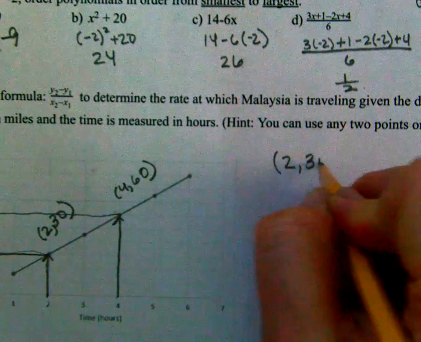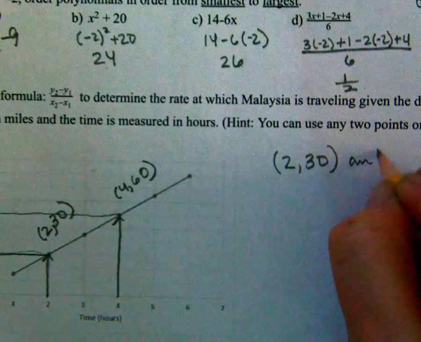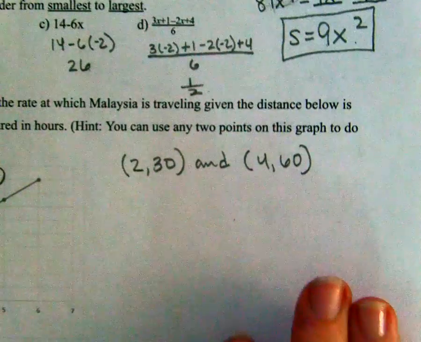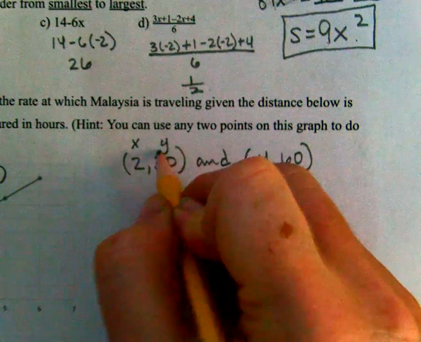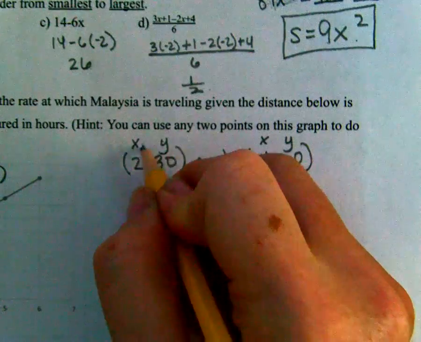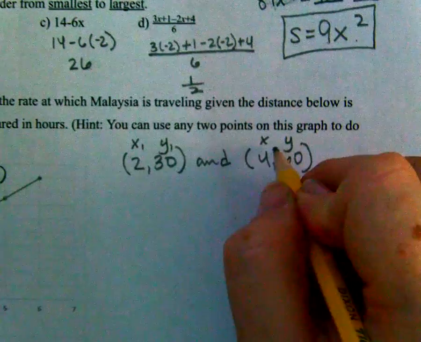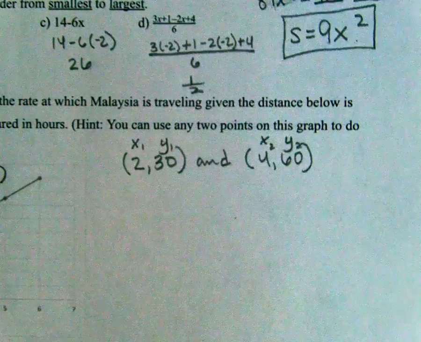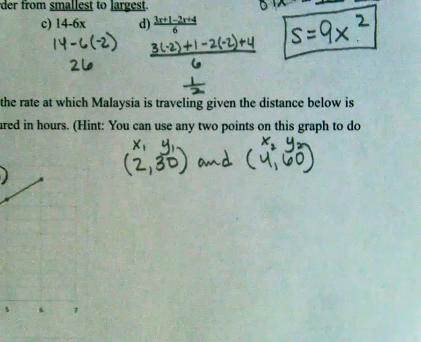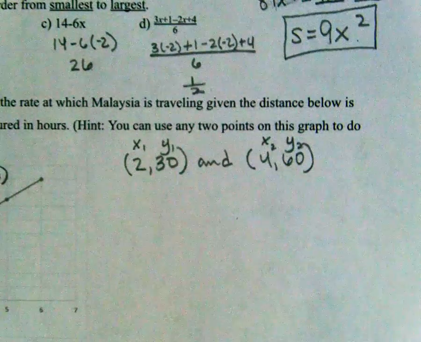So 2, 30 and 4, 60. Remember that every single point is just an X and a Y. And so I would just call this my first point and this my second point. It could have been in the other order. I just want to make sure that I keep my 1's together and my 2's together in the same ordered pair.